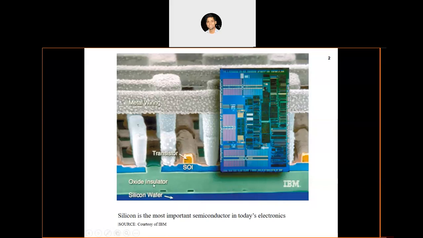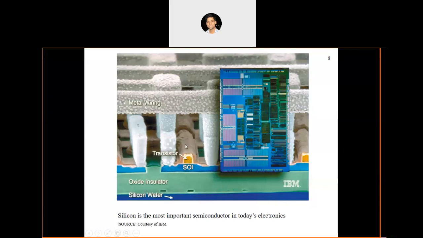I will discuss what silicon is and all those things, but for now, you can understand that the silicon wafer is the semiconductor part of this whole device. Then on top of that there is an oxide insulator, and on top of that we build different types of devices, like transistors, diodes, CMOS devices, any type of thing.